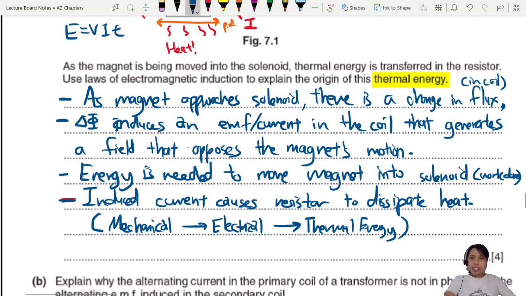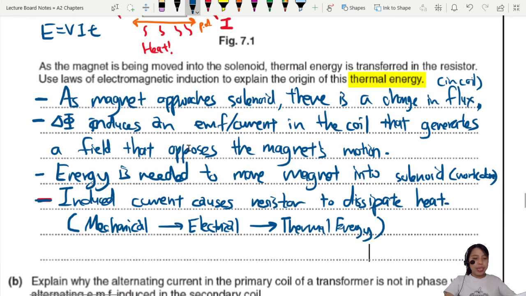Wow, this is a long essay. 4 marks, where do they come from? Number 1, induced EMF currents because of a changing flux. Did I mention that somewhere? Here, induce an EMF. So this is B1. They didn't give mark for change in flux. Never mind. Sometimes they give, sometimes they don't give. You just write to be sure.